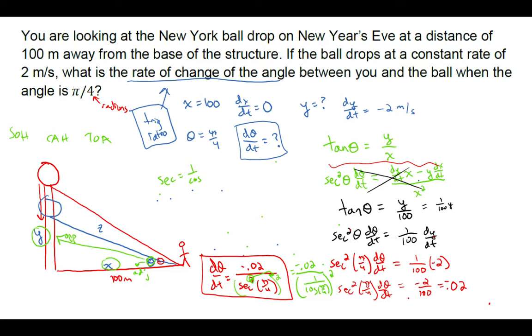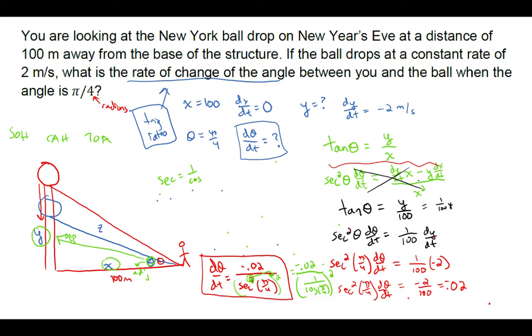That's how we have to type that in, because the secant of pi over 4 is the same thing as 1 over the cosine of pi over 4, and that whole quantity has to be squared. So we want to type it in like that, -0.02 divided by parenthesis 1 divided by cosine of pi over 4.